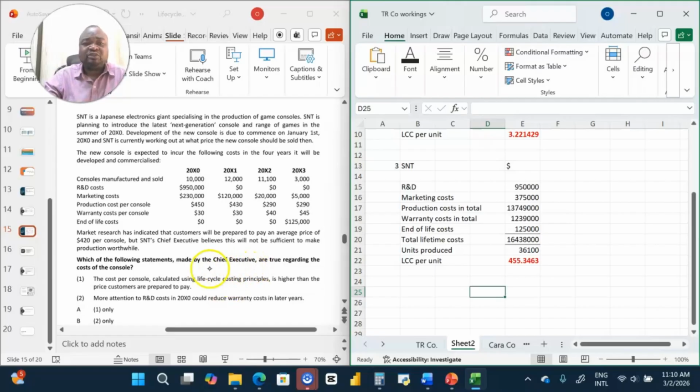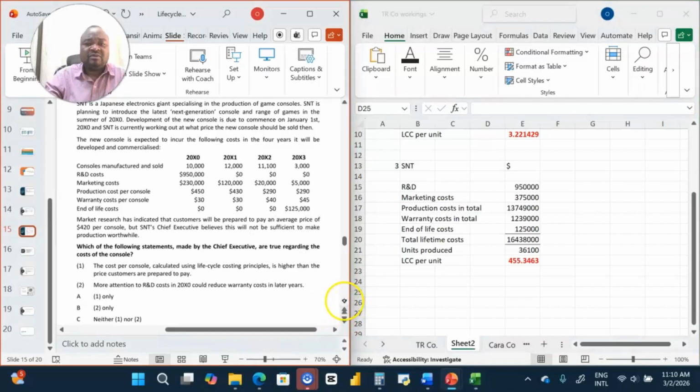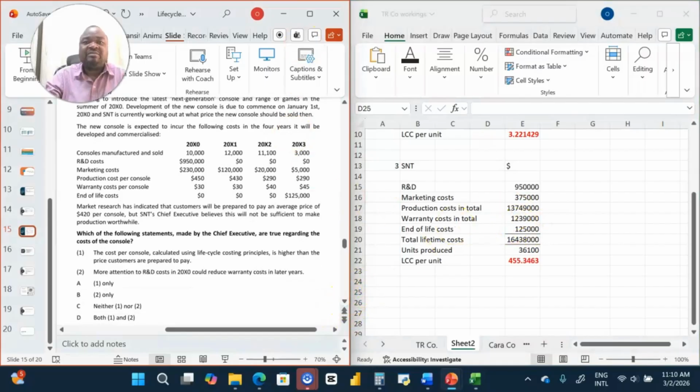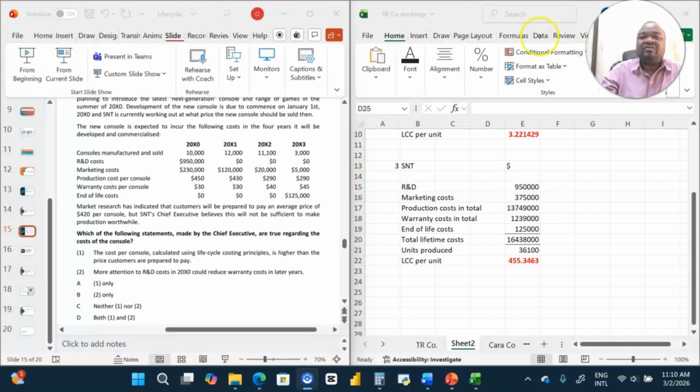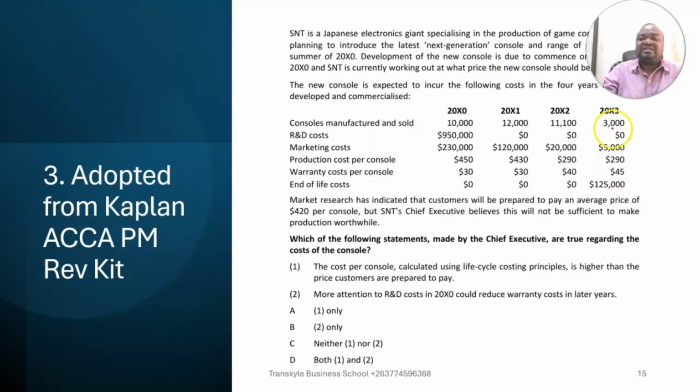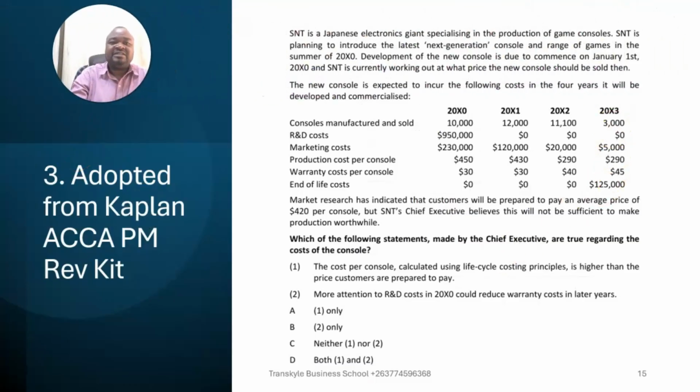So which of the following statements made by the Chief Executive are true regarding the cost of the console? We have this in mind, so we can go to the slideshow here, because currently we need to discuss this in detail. We know that the cost of production was $455 according to our computation.